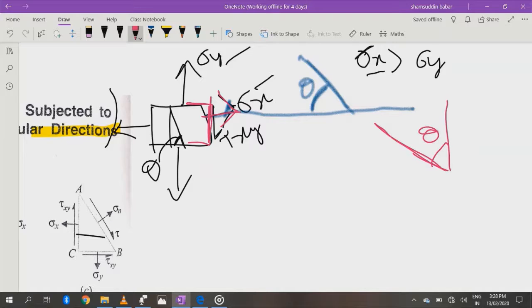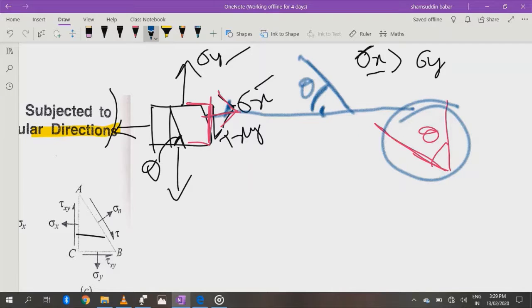Now plane is the whole surface from where the major principal stress is applied. Okay, now this is about major principal stress angle and major principal plane angle.